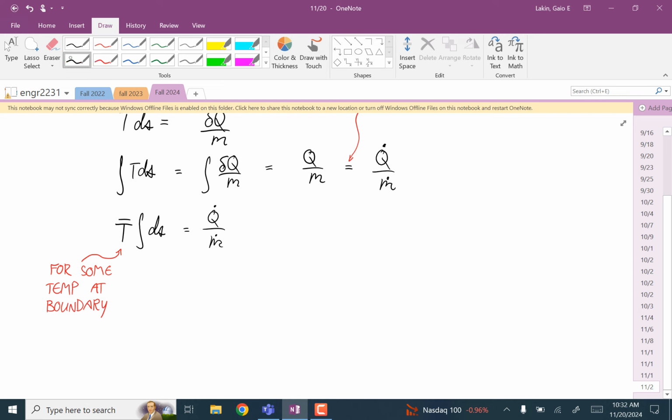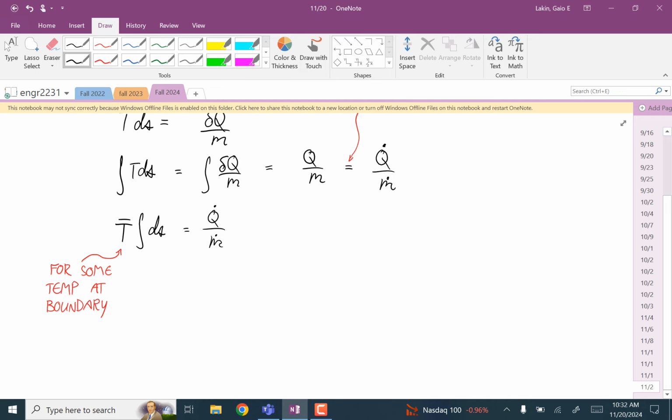And so now we can come up with this final result that says for whatever temperature that is, some temperature at the boundary, which we can think of. So if we're talking about the boiler or the condenser, this is just some temperature at the boundary for the boiler or the condenser. We're going to assume that it's all the same temperature, so it's not really going to matter to us.